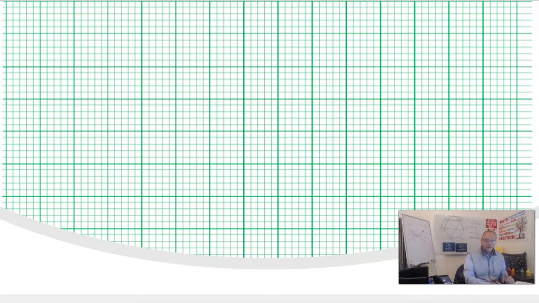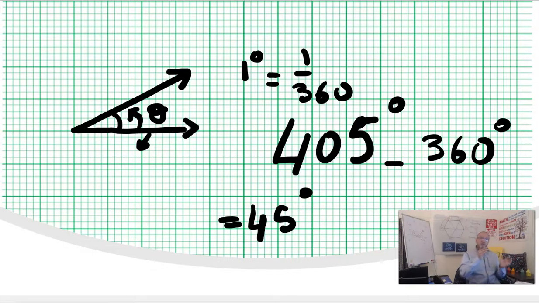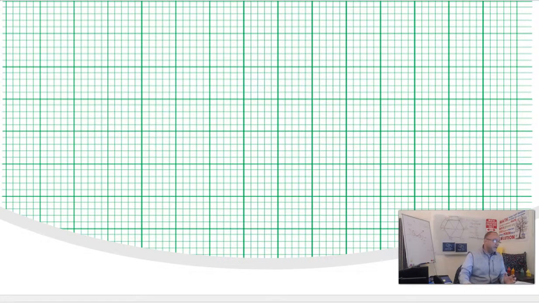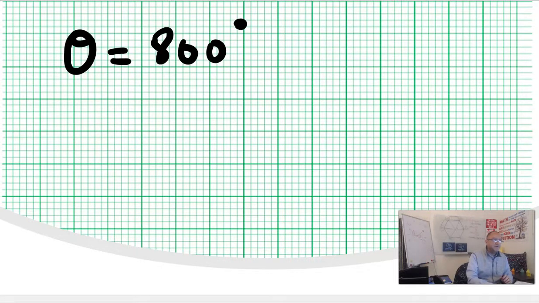So if you have an angle, we did that, 405, which is above the first rotation, you minus 360 and you go back to an angle between 0 and 360, which is 45. Now let's say you have an angle that is more than 1 or 2 rotations. Let's take an example, theta equals 800 degrees. Okay, so you come and you do, let me go back and minus 360.